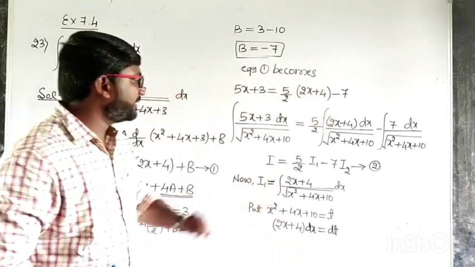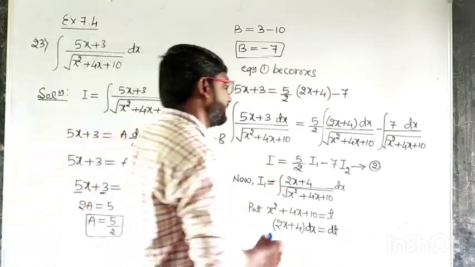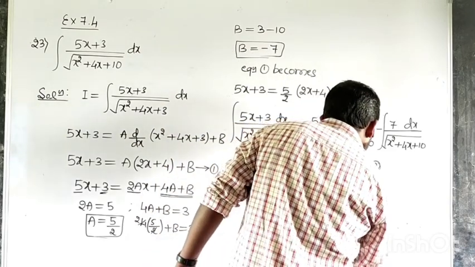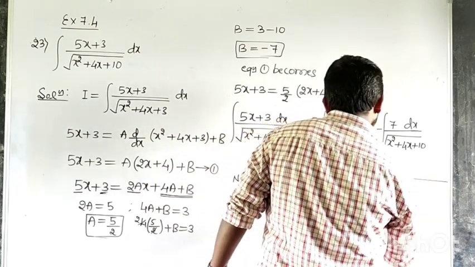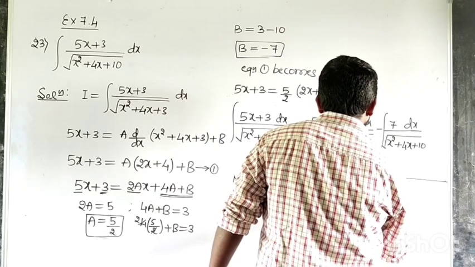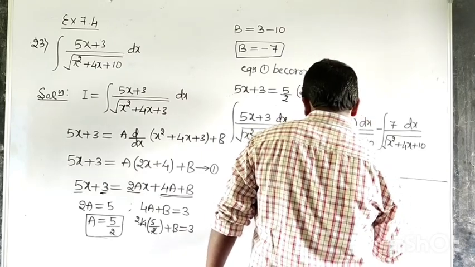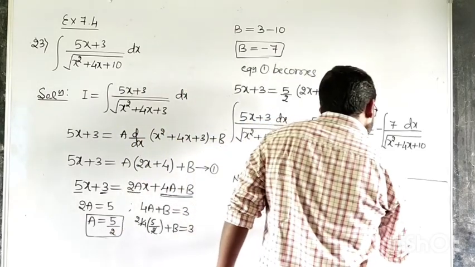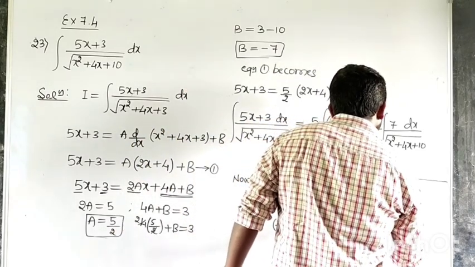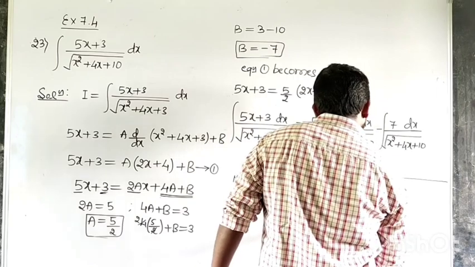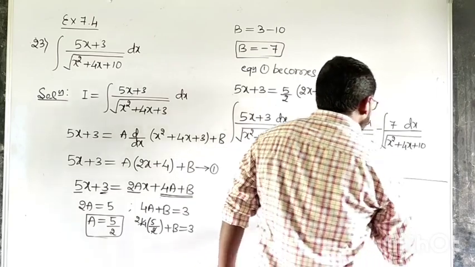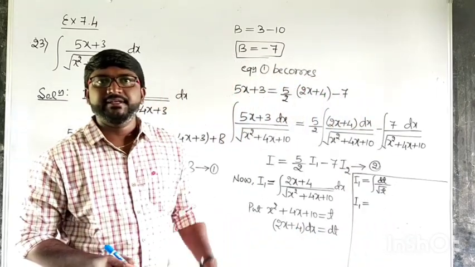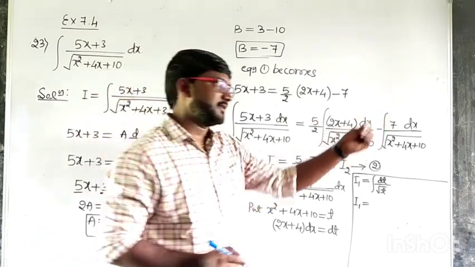Now we have to rewrite the integral I1. I1 is equal to the integral, and this can be replaced by dt. So dt by root t. What is the integration of dx by root x? It is 2 times root x plus c.